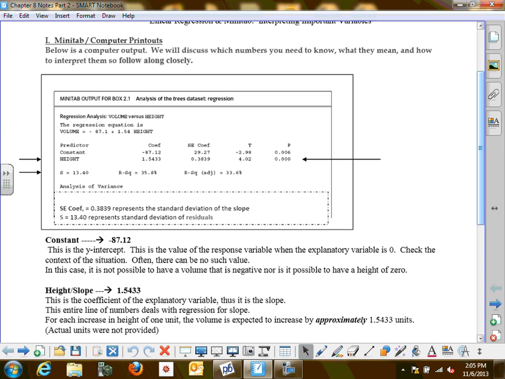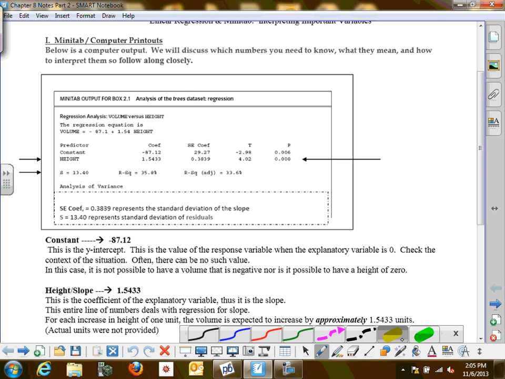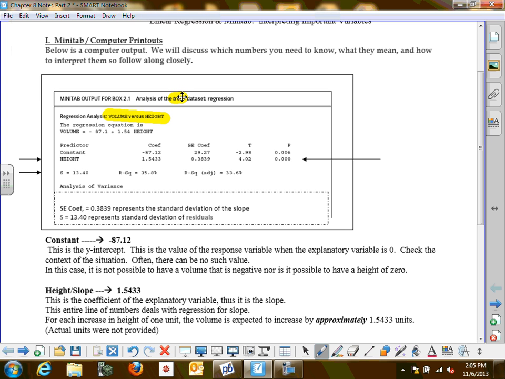So here we go. First of all, you can tell from this, it's not very descriptive, but this is a problem about trees and something about the volume versus their height. Now, the next thing they give you right underneath that is the regression equation. The volume is negative 87.1 plus 1.54 times the height.